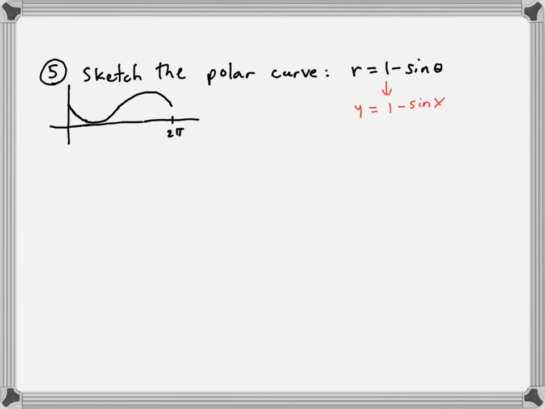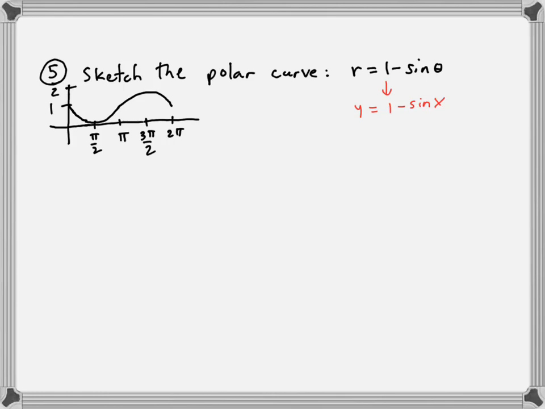Okay? So this is 1, goes to a height of 2. This is pi right here. This is pi over 2. And this is 3 pi over 2.